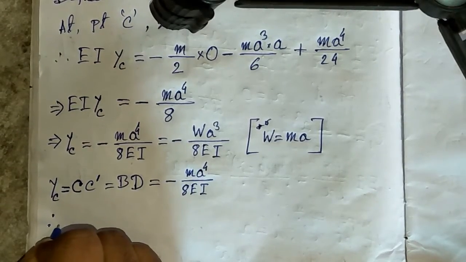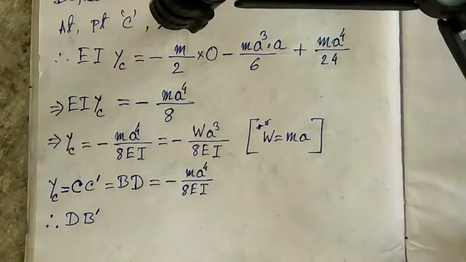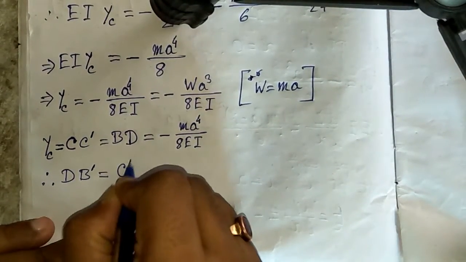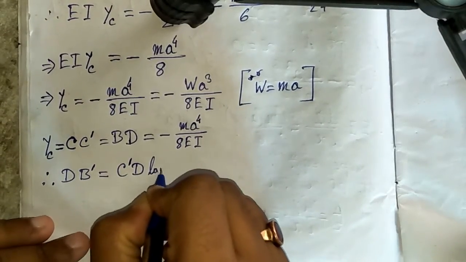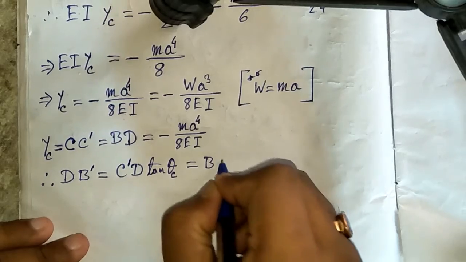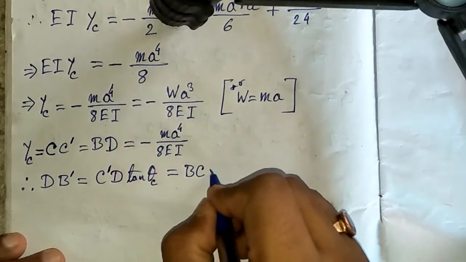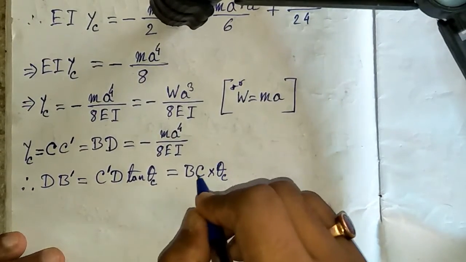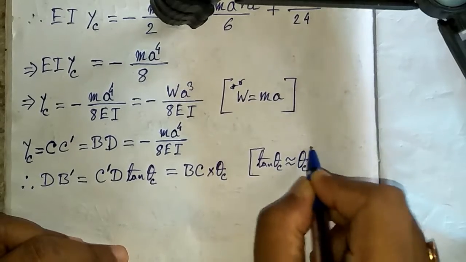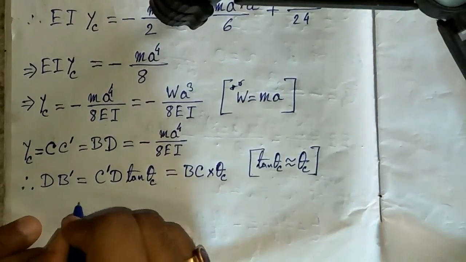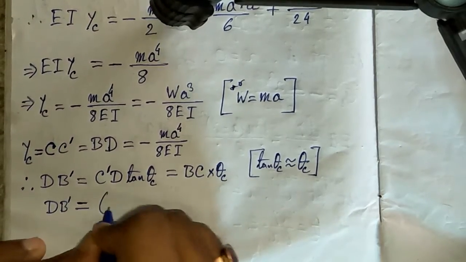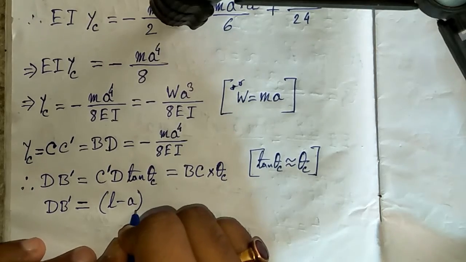Therefore, from D to B dash will be C dash D into tan theta C. C dash D is equal to BC, into tan theta C. Because theta C is very small, we can write that tan theta C is nearly equal to theta C. So B dash D is equal to L minus a, the length of B to C, into theta C.